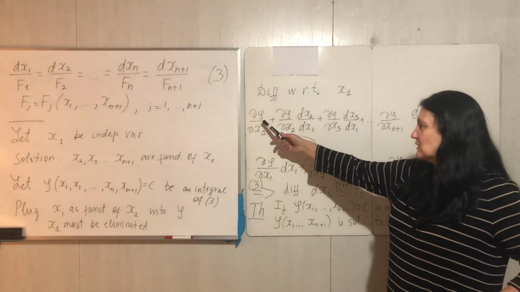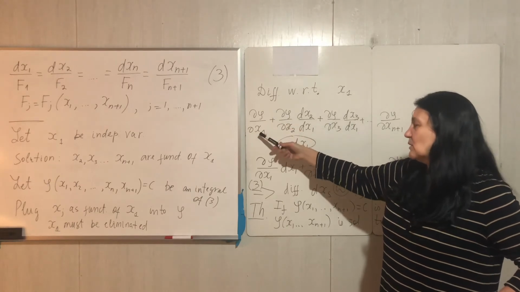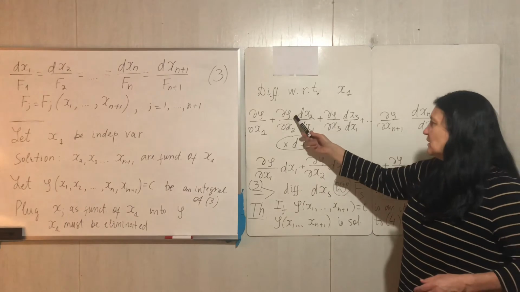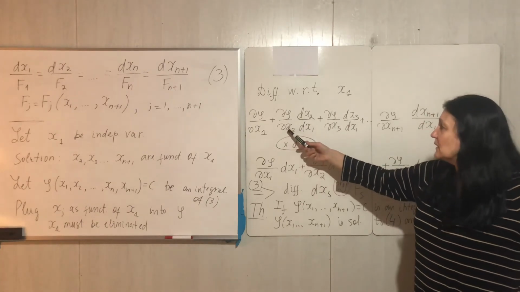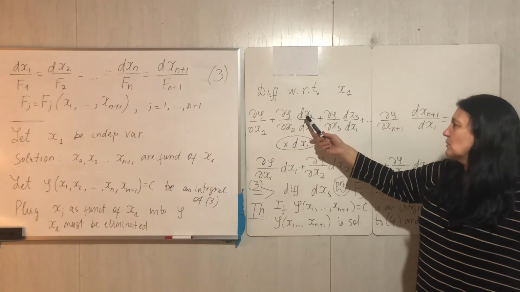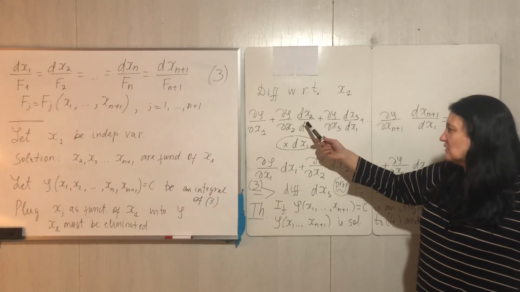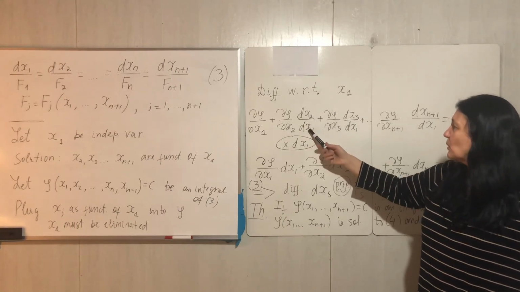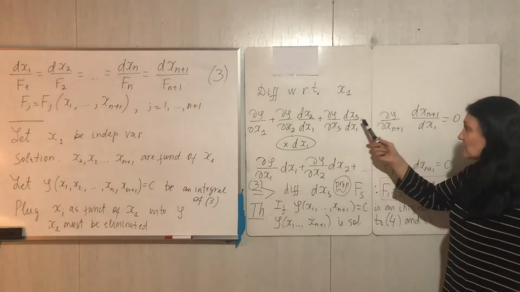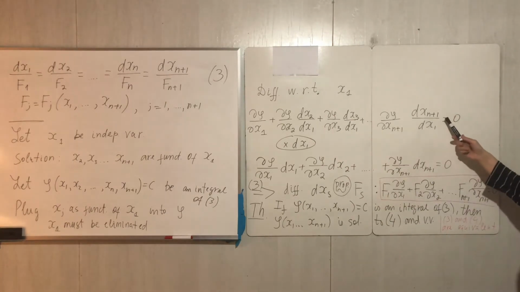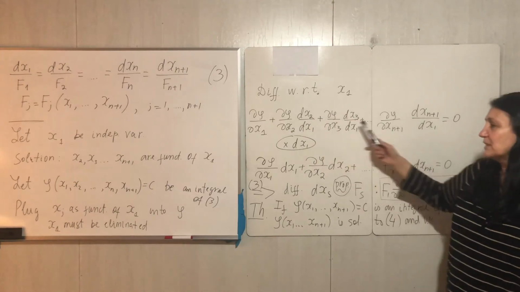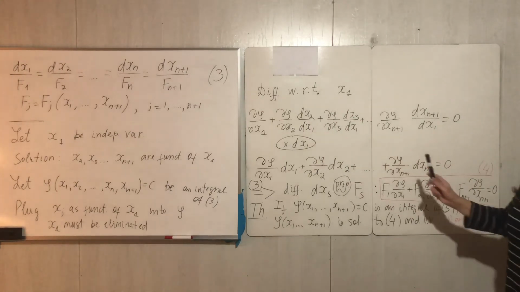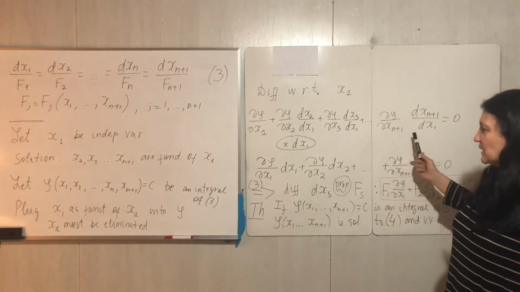So we write it here, dphi/dx1, of course dx1/dx1 is 1, and dphi/dx2, the partial derivative, here we have an ordinary derivative, right, because of these functions of one variable x1, and so on. So then we will have this equation, and since this whole expression doesn't depend on x1, we will get here 0.